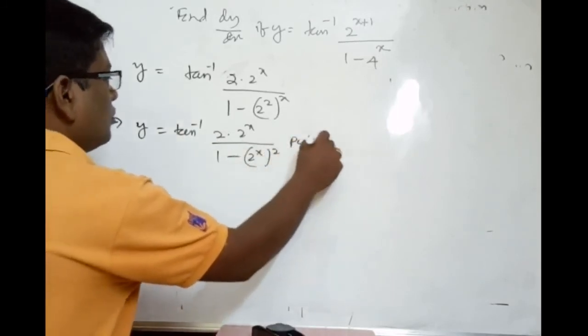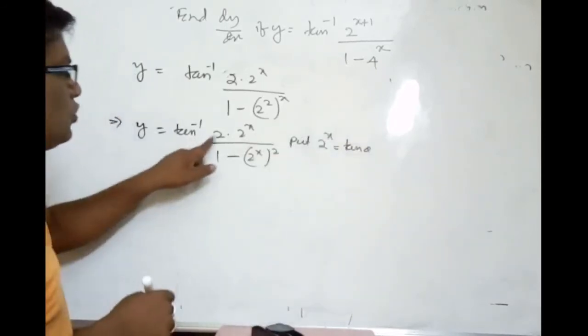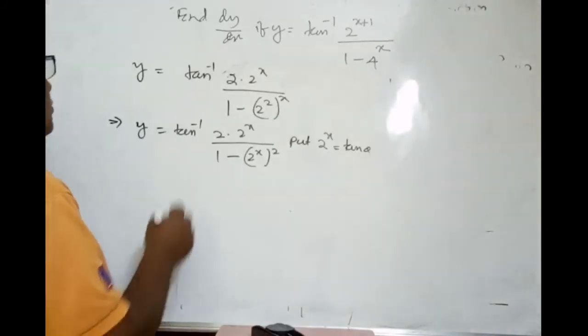Put 2 to the x is equal to tan theta, because this is 2 tan theta by 1 minus tan square theta, which is the formula for tan 2 theta.